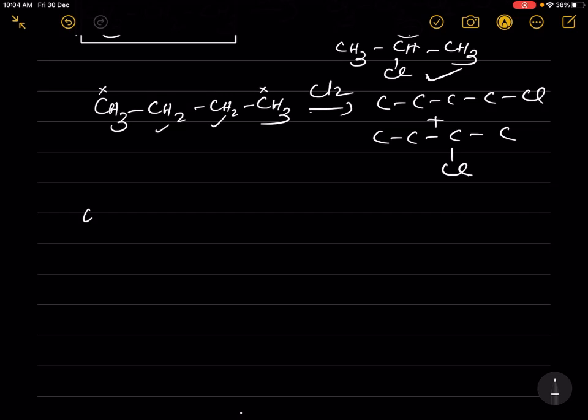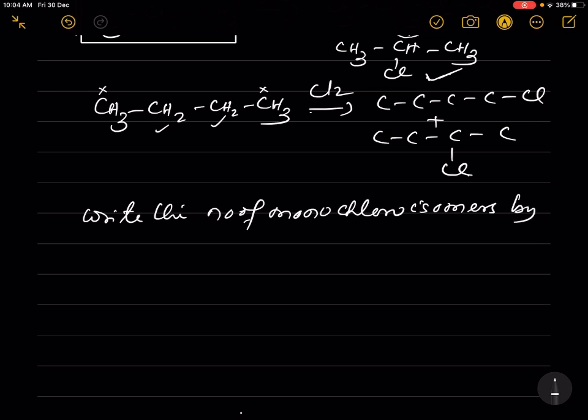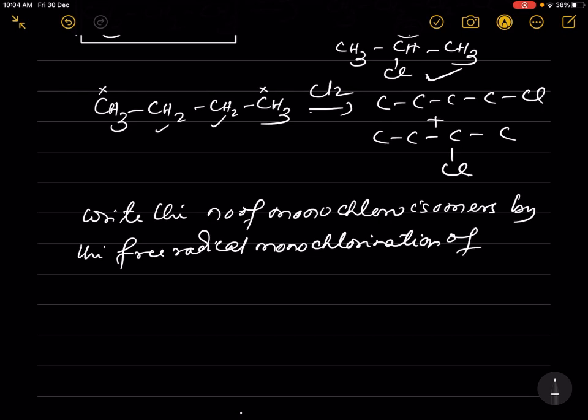Write the number of monochloroisomers by the free radical monochlorination of isopentane.